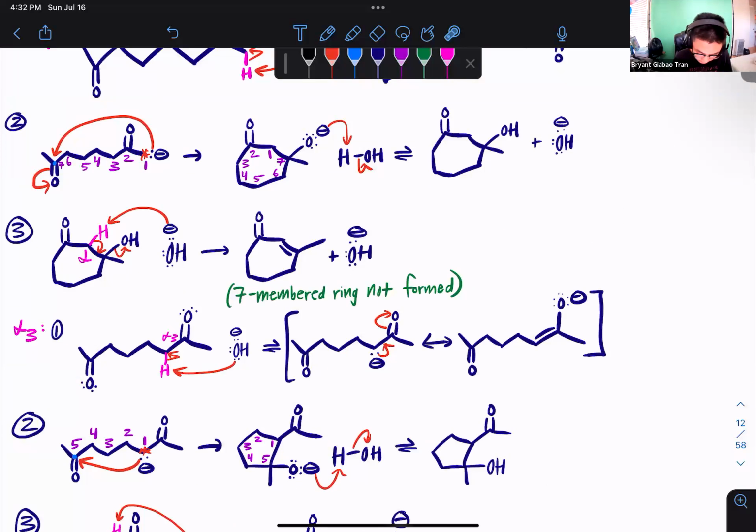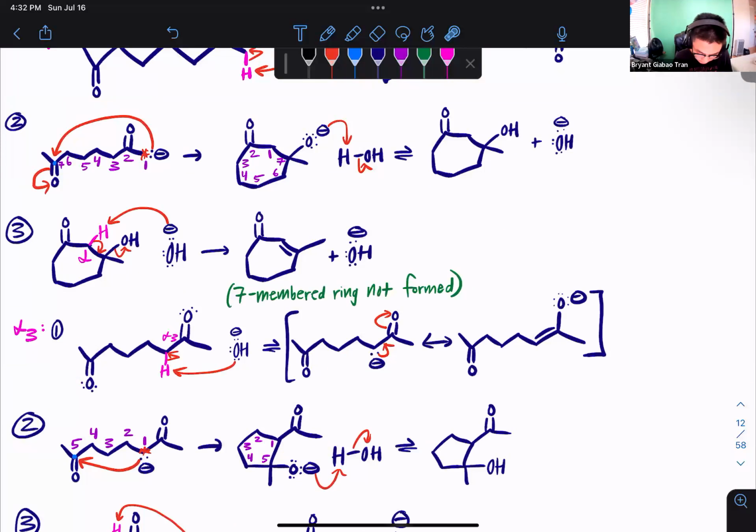Let's focus on alpha 1. Let's color code them. For alpha 1, I'm just going to deprotonate it right away. We have an enolate ion there, a negative charge on that carbon.